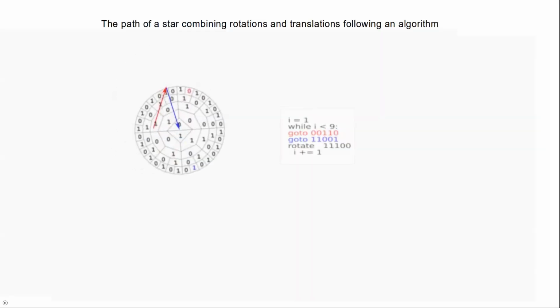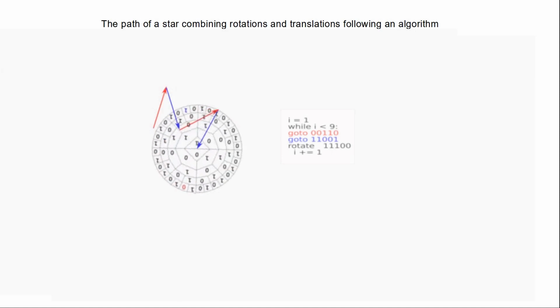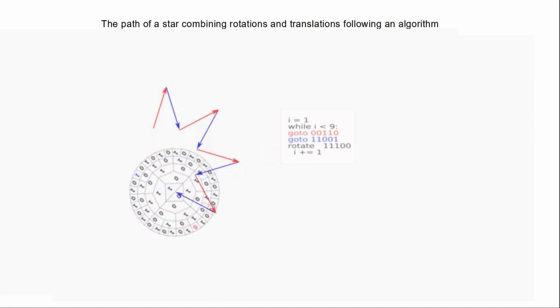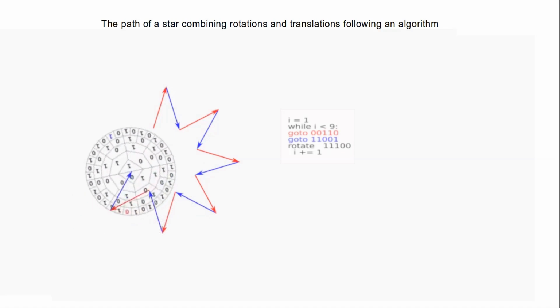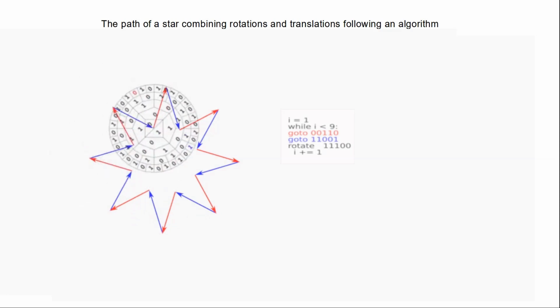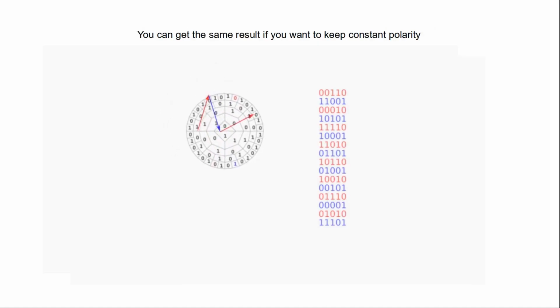The path of a star combining rotations and translations following an algorithm. You can get the same result if you want to keep constant polarity.